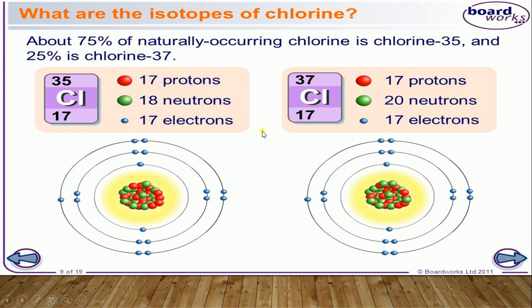So the definition tells us that isotopes are the atoms of an element which have the same number of protons but a different number of neutrons, and you can see over here that the number of neutrons is 18 in chlorine-35 and 20 in chlorine-37. So this is another example of isotopes, the isotopes of chlorine.